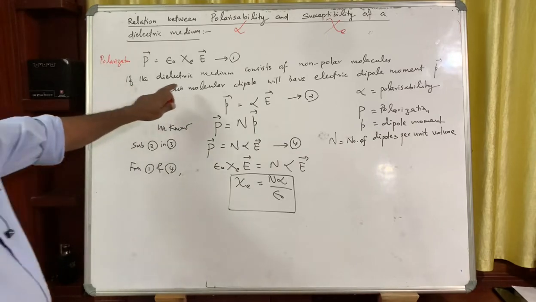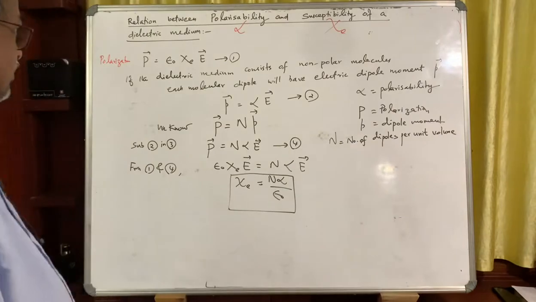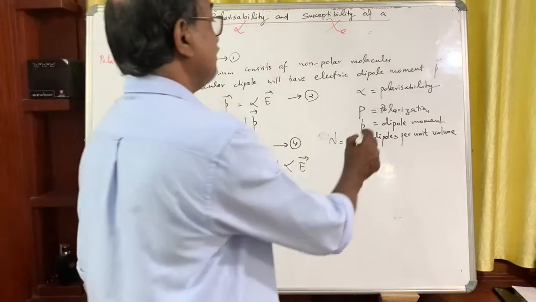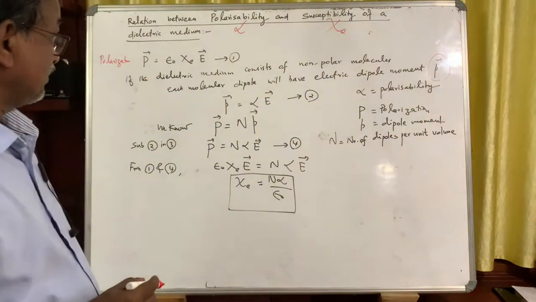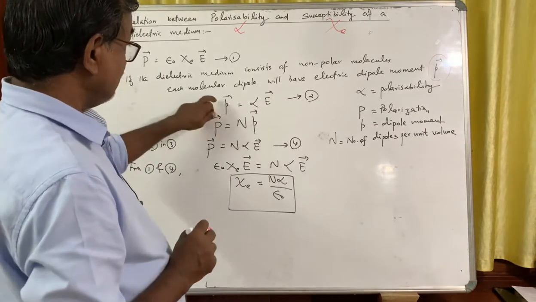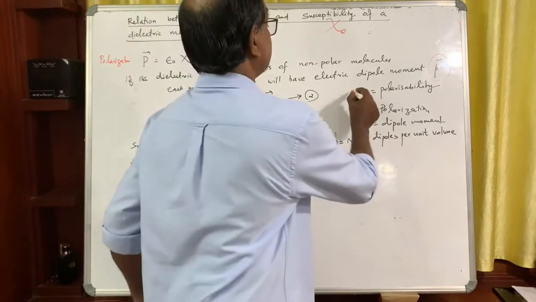If the dielectric medium consists of non-polar molecules, each molecular dipole will have electric dipole moment p. So p is the electric dipole moment. Then p is equal to alpha E. We have studied this equation earlier. p is equal to alpha E, where alpha is the polarizability.